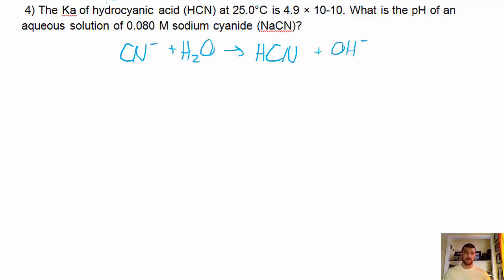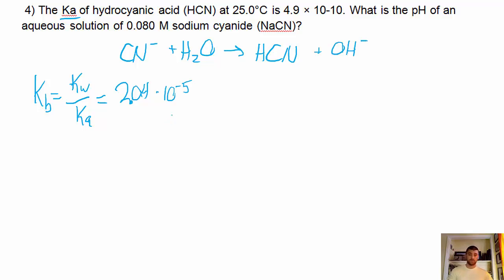They give me the Ka, but the Kb is going to be what's useful to me. So Kb is equal to Kw over Ka, both values I know. I plug that in and I get 2.04 times 10 to the minus 5 as my Kb.